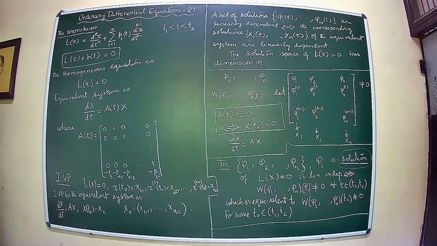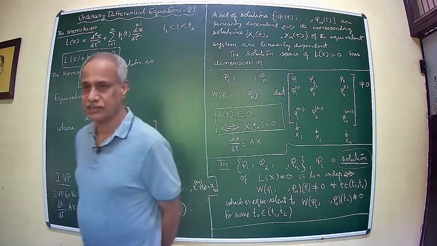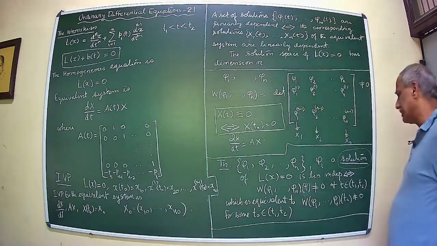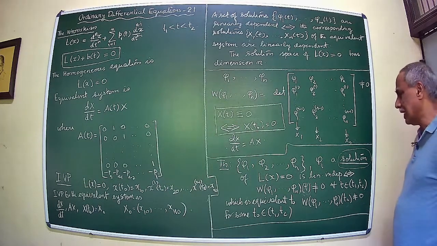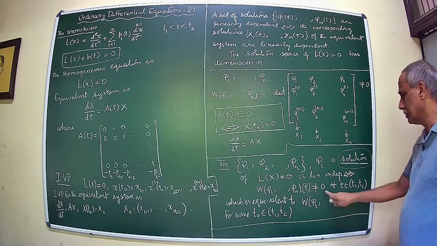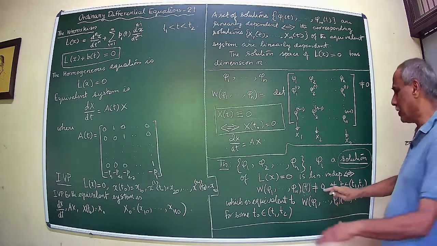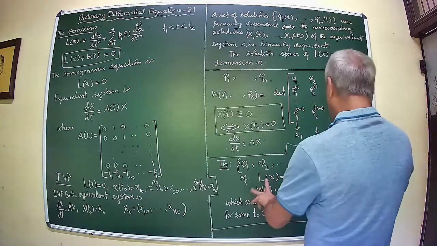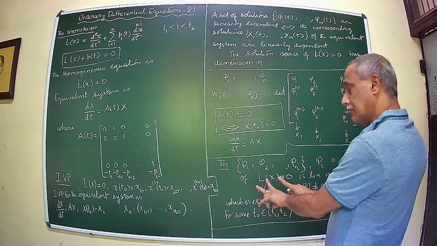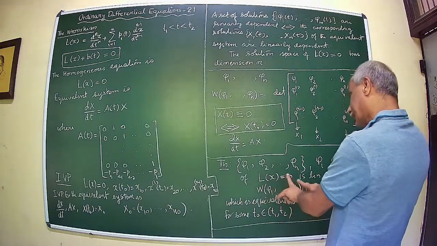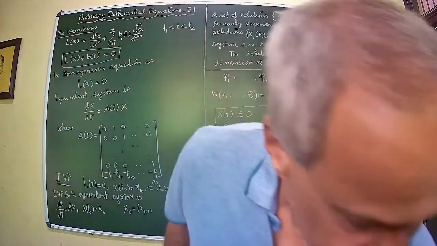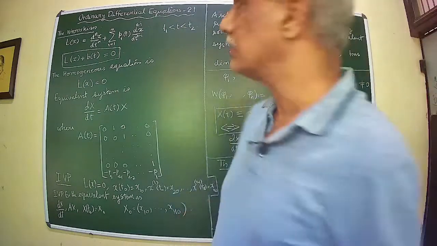That means phi 1, phi 2, ..., phi n are arbitrary functions, and the Wronskian is identically equal to 0. The problem that you have is that two arbitrary functions may be linearly independent, but still their Wronskian may vanish. I will give an example. We make this observation.